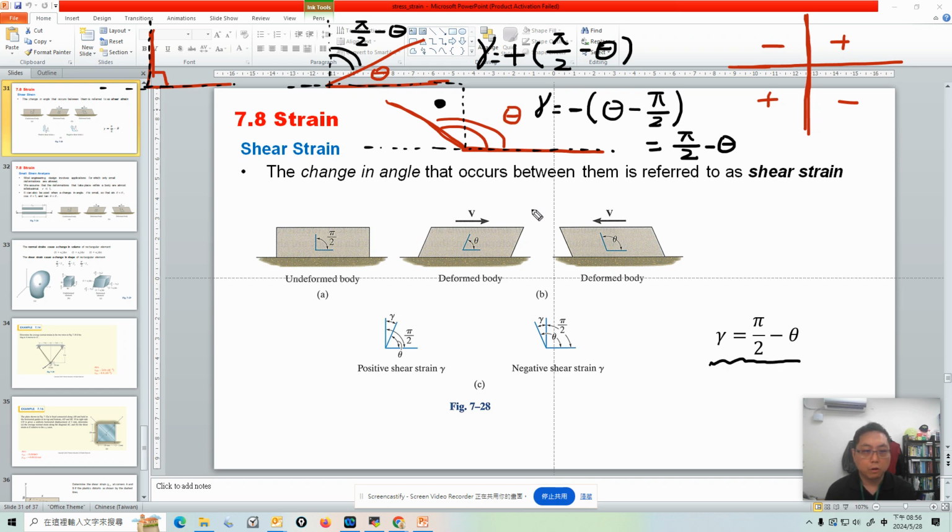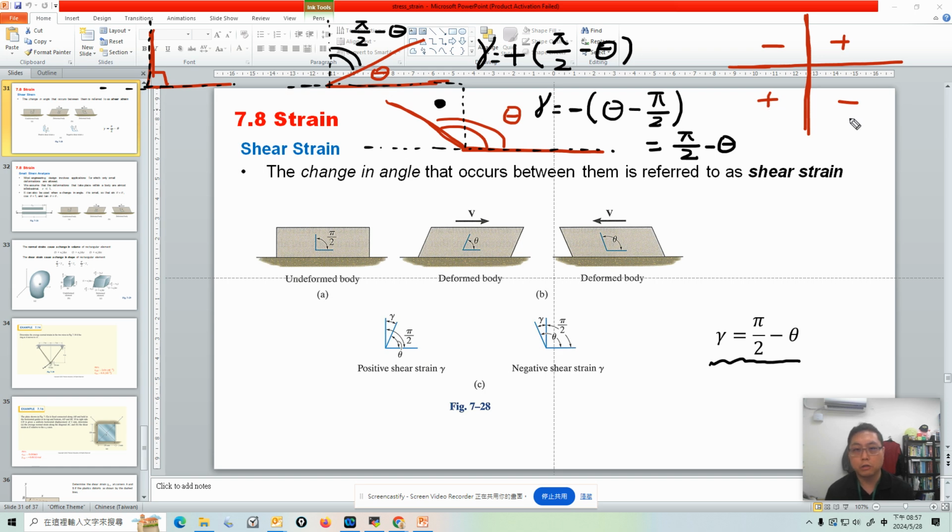From these two simple examples, if you want to determine the sign of the shear strain, remember this 4-quadrant graph. If the angle change is in this quadrant, it is positive.